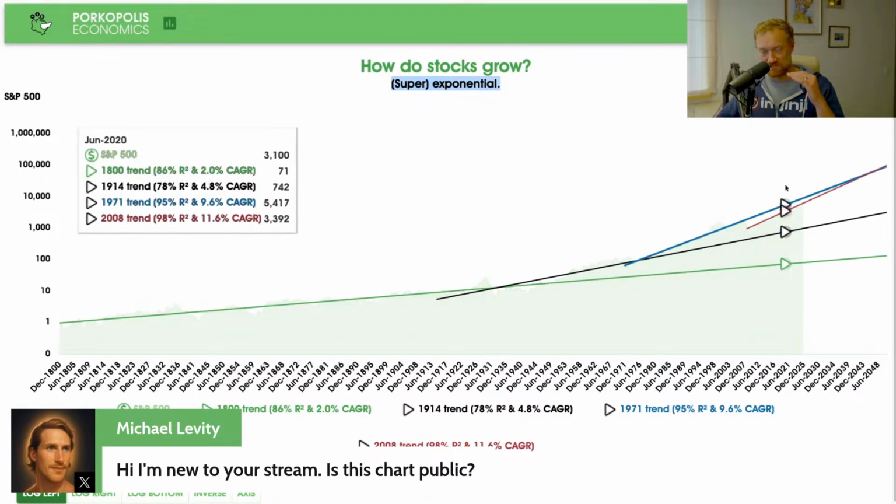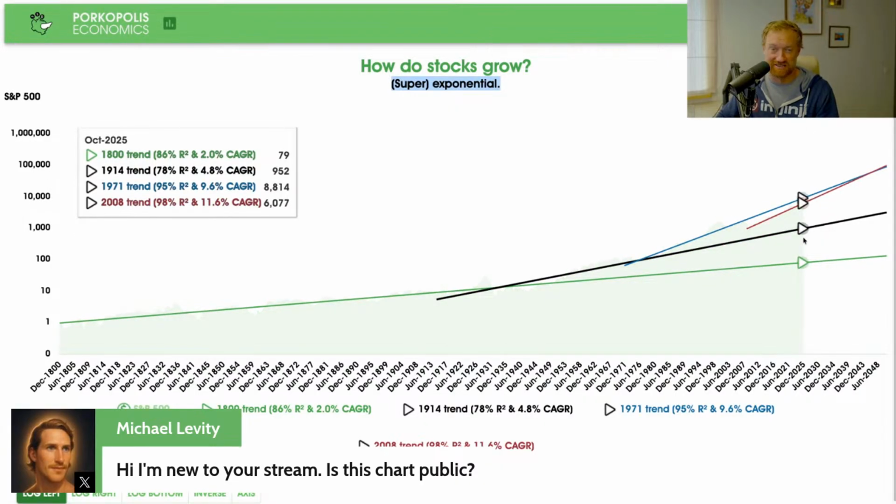So the stock market's probably going to grow faster and faster. My ultimate question of the power curve thesis is what happens when these CAGRs meet? Is it the singularity? What happens when these worlds collide?